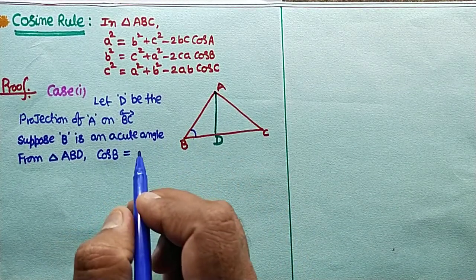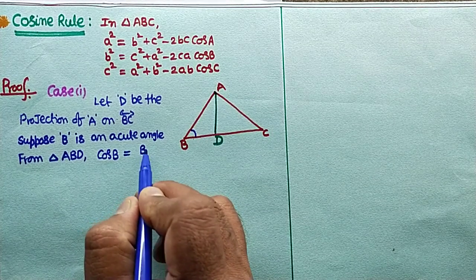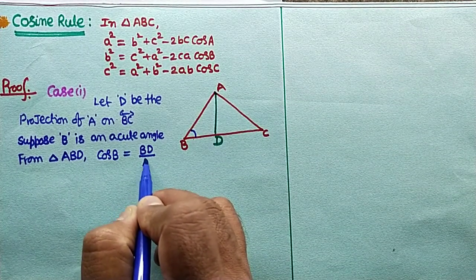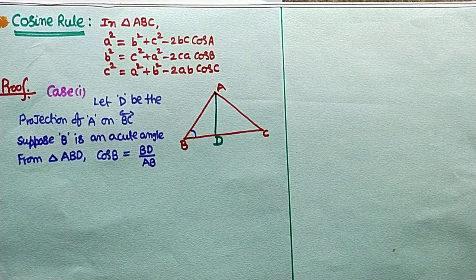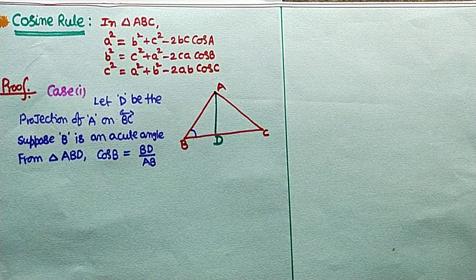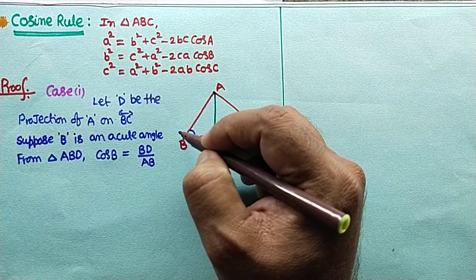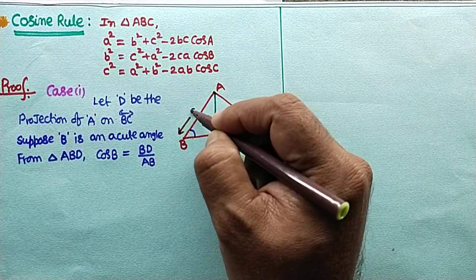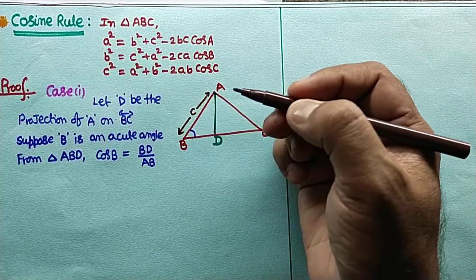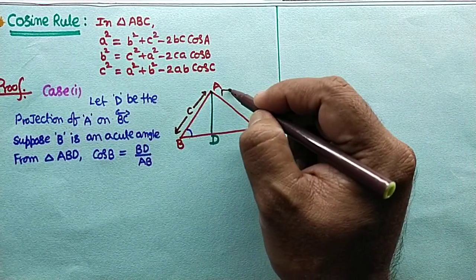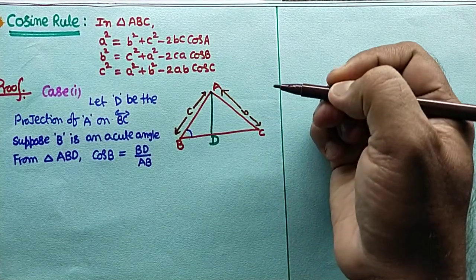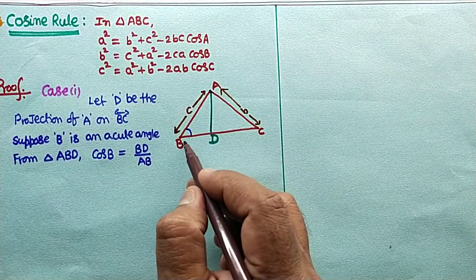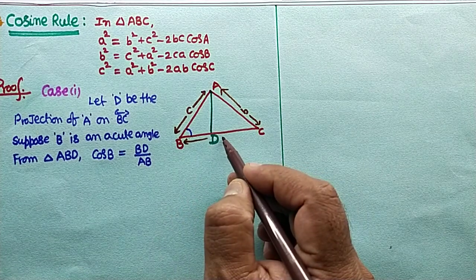From the figure we get BD divided by AB. The length of side AB means small c, side AC means small b, and side BC means small a.